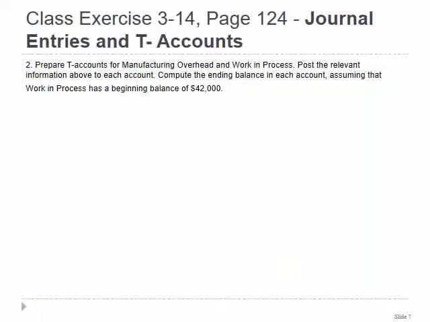Here it is. Just read it for a second and then we're going to solve it together. Okay, let's solve it together. It says to prepare T-accounts for manufacturing overhead and work in process, and we have to post the relevant information to each account. So let me divide the screen.